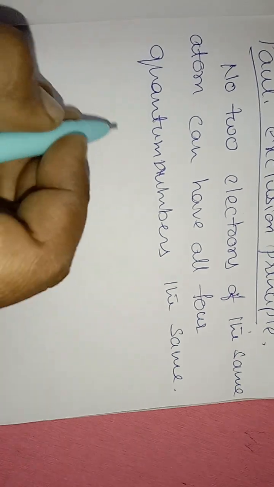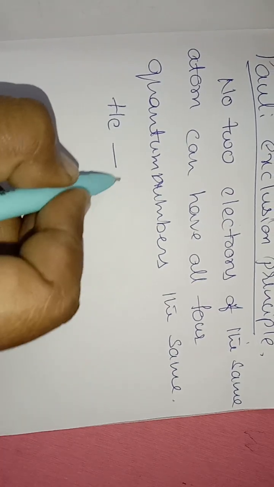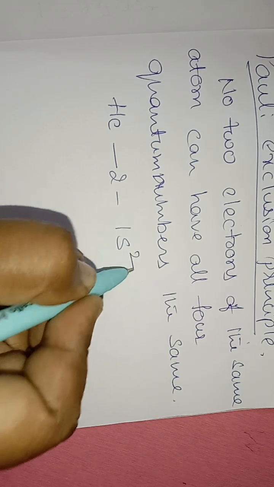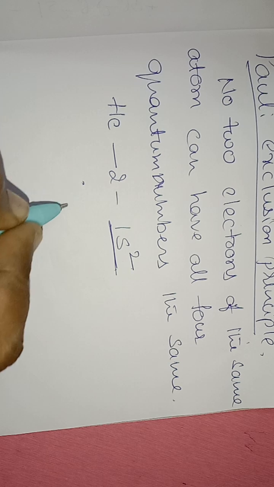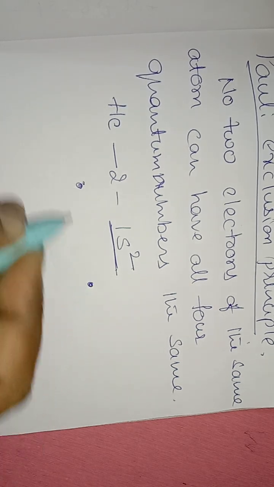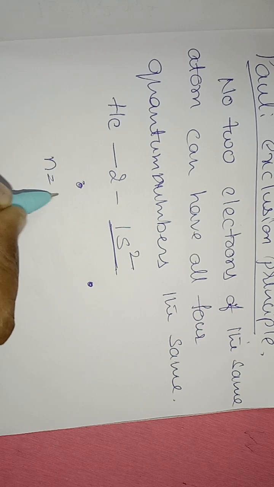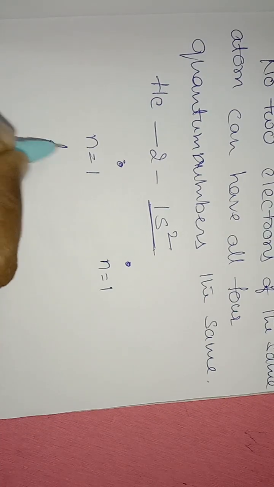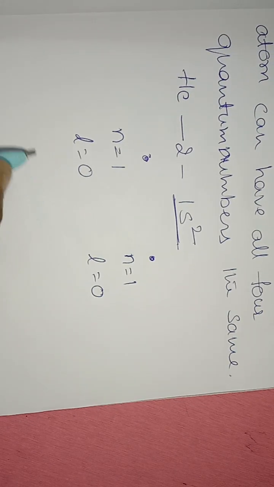How? Suppose we take helium, which has only two electrons. The electronic configuration is written as 1s2. For these two electrons, the principal quantum number is 1 for the first electron and 1 for the second. The l value is 0 for both, because these two electrons revolve in sphere shape.